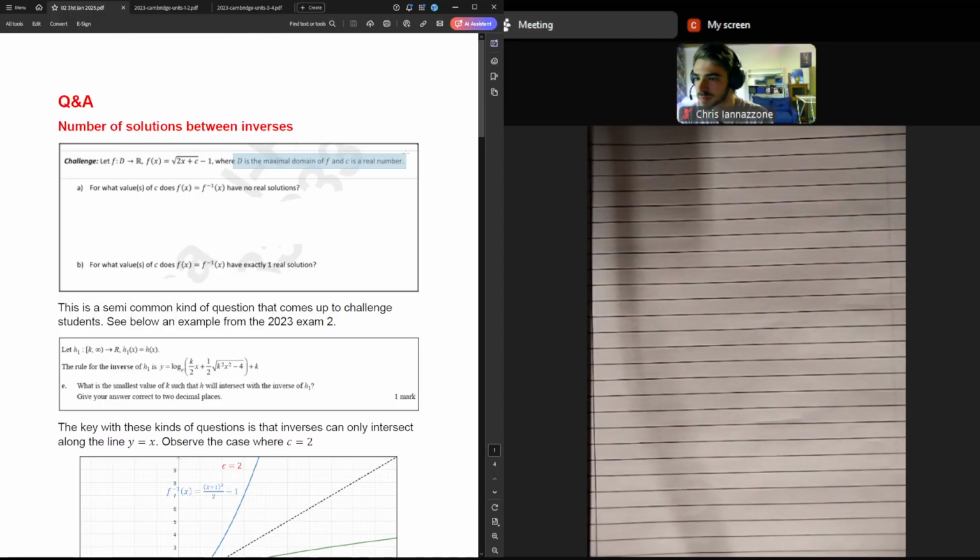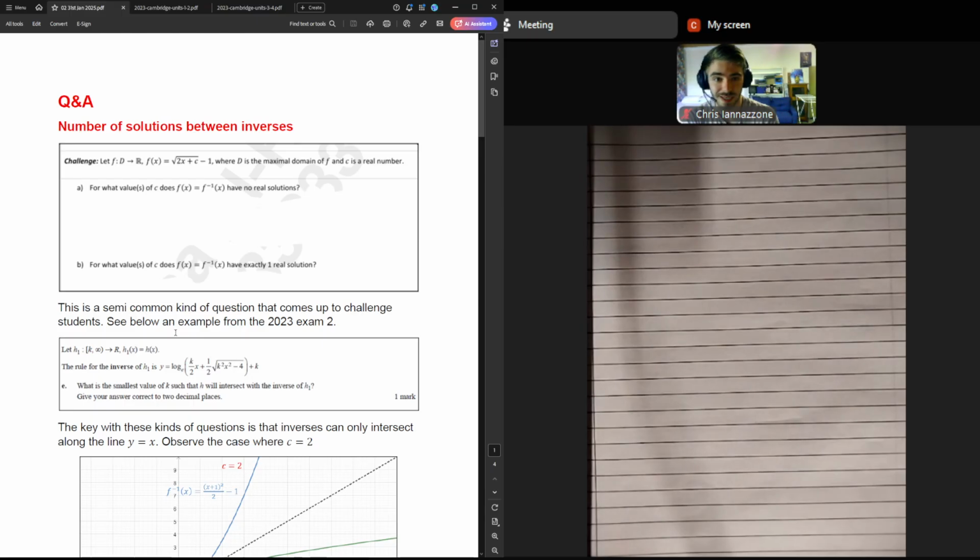And we're told some other specifics: we have maximal domain, c is a real number, that sort of thing, just to give you a bit of background as to what the potential values could be. And the questions are based around where the intersection points will have either no solutions or exactly one solution. This is actually a common question that comes up as a bit of a challenge.